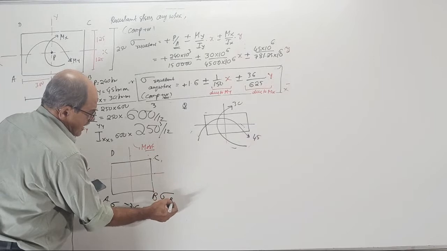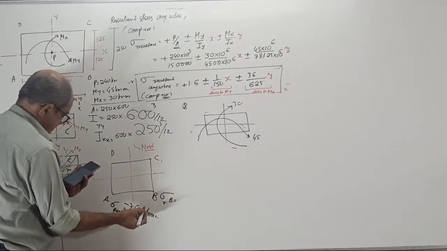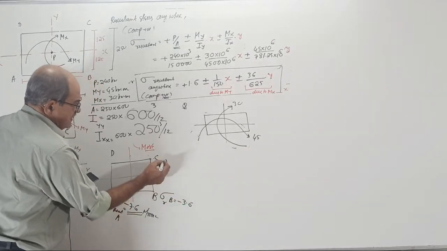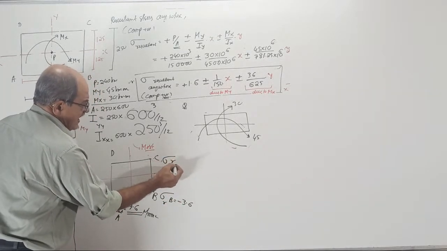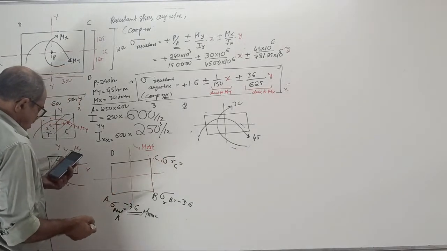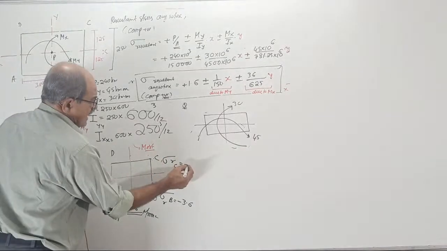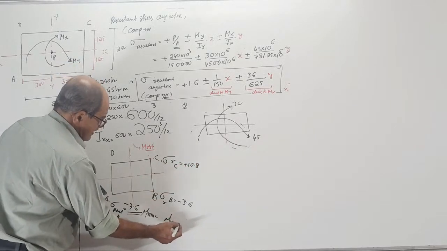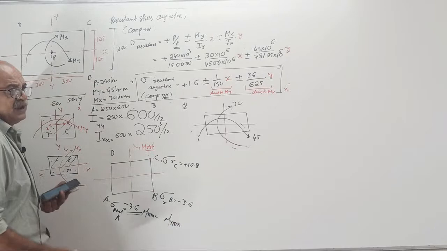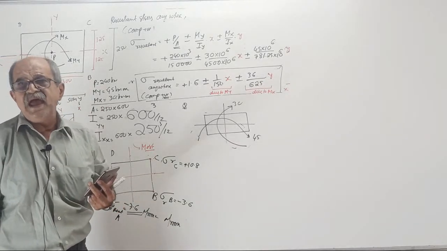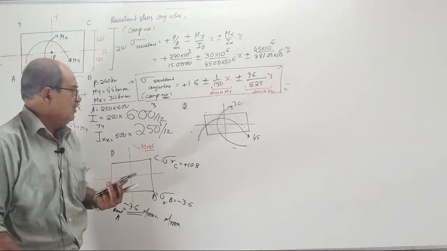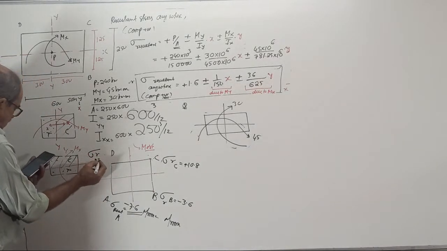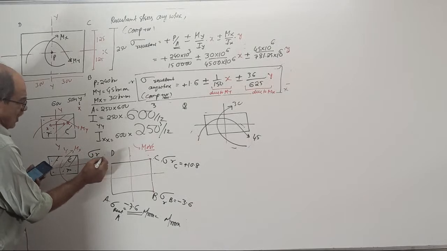Resultant stress at B, don't tell the wrong value, minus 3.6. Resultant at C, plus 10.8, all in Newton per mm square. Later for foundation, it will be kN per meter square because it is pressure. Resultant at D, plus 6.8.